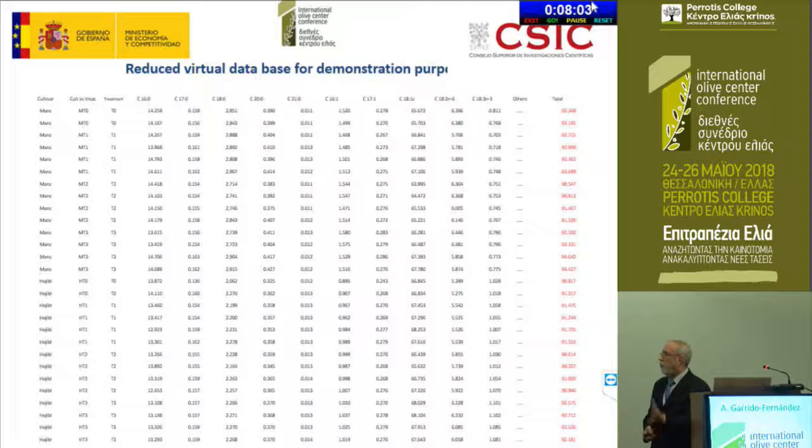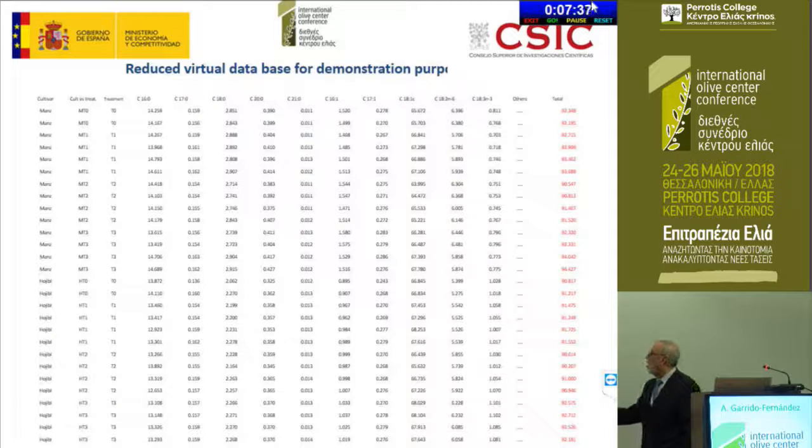There we have 4 levels in the treatment: fresh fruit, light treated, fermented, and packaged. And we study the composition in each of these combinations. Well, I have reduced and changed the table a little just to prevent a problem of copyright and so on, because publications are very strict in this sense.